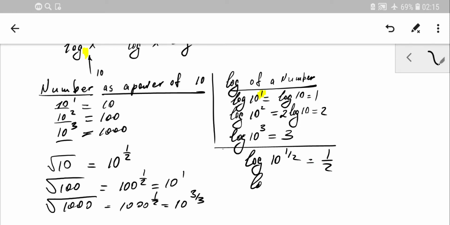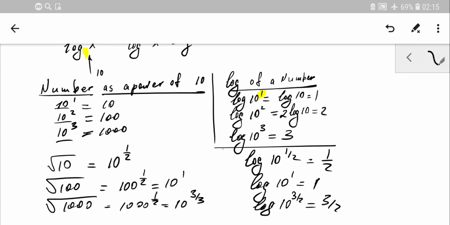Here we'll get log base 10 of 10 to the power 1, which is 1, right? And here we can get the log with the base 10 of 1000 to the power 1 over 2, but I write it as 10 to the power 3 over 2. So we'll get the power.